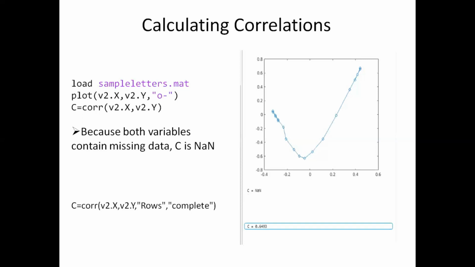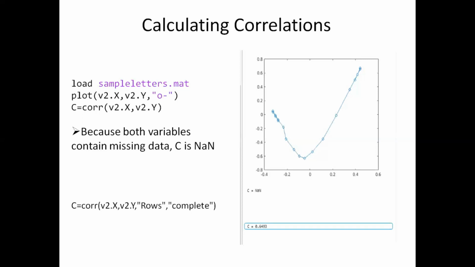Okay, so the result that we obtain for the correlation value is not a number. To avoid this problem with missing values, we add an additional parameter to the correlation function, which says that only those rows that are complete need to be considered for the calculation of correlation.